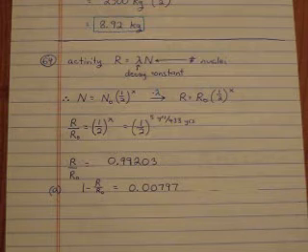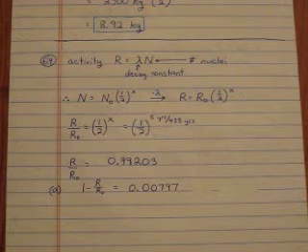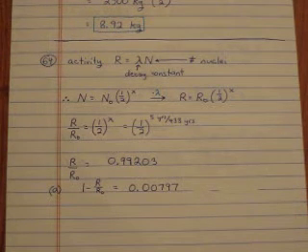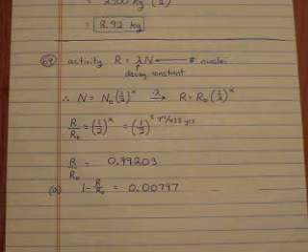For number 64, smoke detectors use americium-241 with a half-life of 433 years. You keep a smoke detector for 5 years. By what factor is it reduced relative to when it was new? All right.